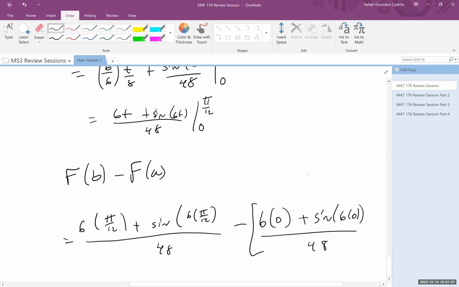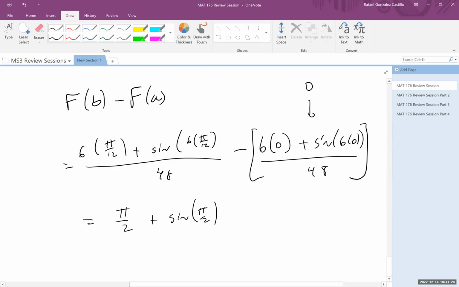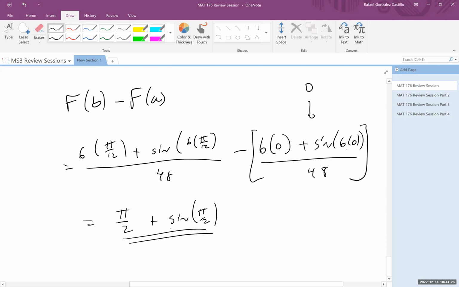This whole piece is just equal to 0, so we don't have to worry about it, because 6 times 0 is 0, sine of 0 is 0, so 0 plus 0 over 48 is 0. So that whole piece is going to go away, and we're just left with pi over 2 plus sine of pi over 2, which by the previous problem we know is 1, over 48. So this is equal to just pi over 2 plus 1 over 48.